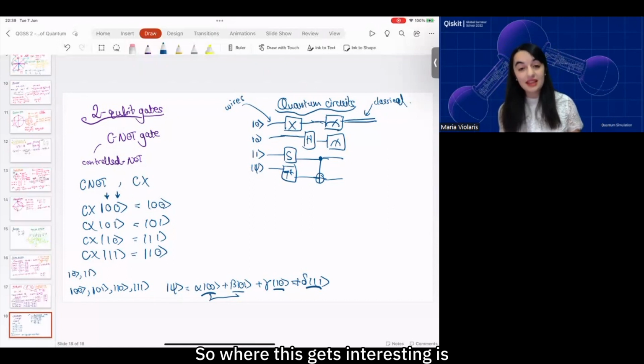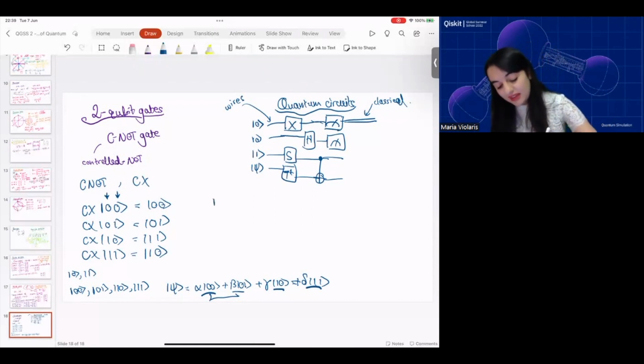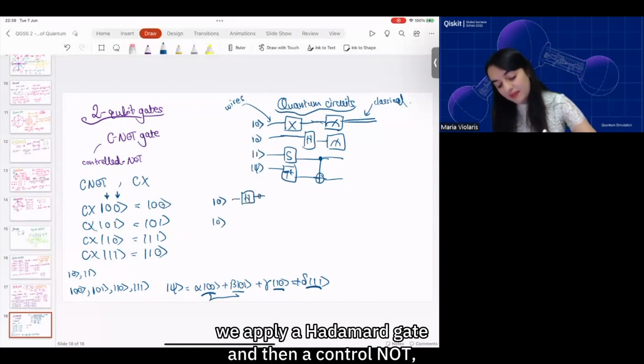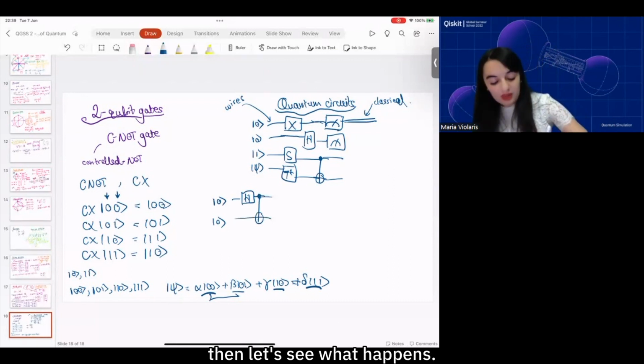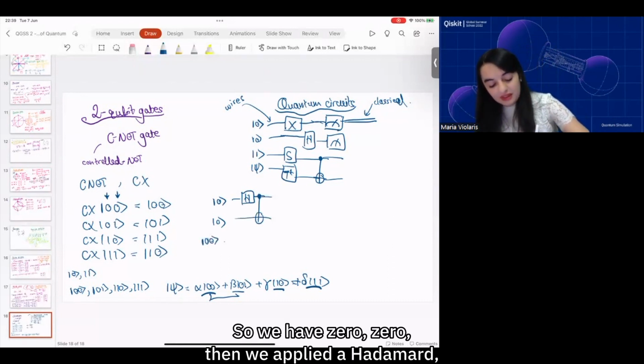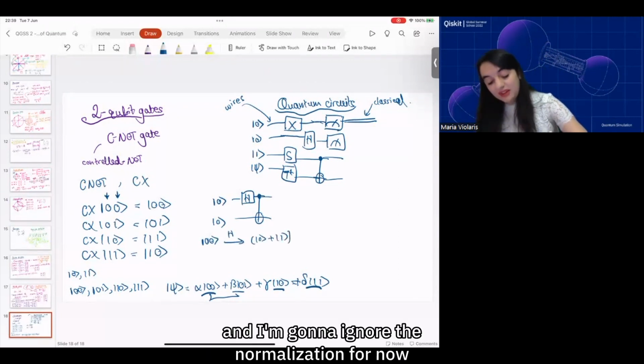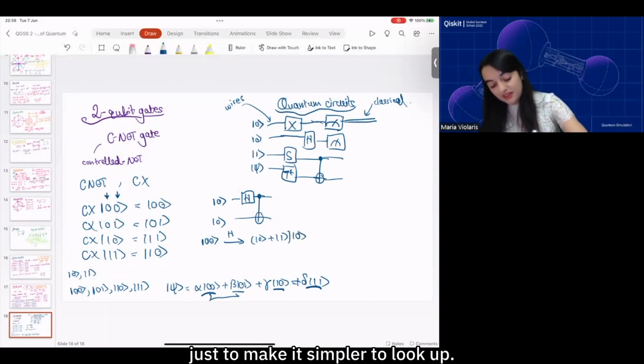Where this gets interesting is if we have a circuit where we start with 0, 0, apply a Hadamard gate and then a control NOT, so let's see what happens. We have 0, 0, then we apply a Hadamard, so we get 0 plus 1, and I'm going to ignore the normalization for now, just to make it simpler to look at.